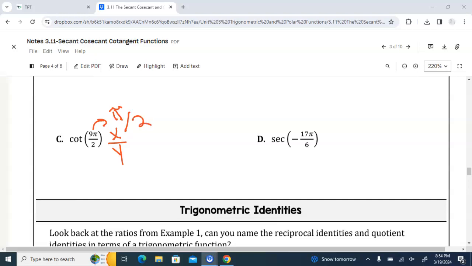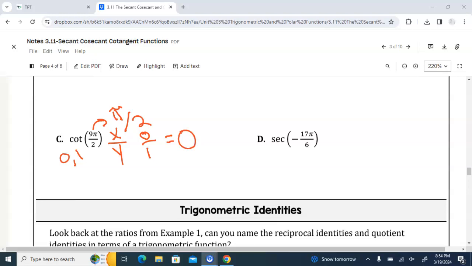All right, so that's pi over 2, and at pi over 2 I have the point 0, 1. Now my x coordinate is 0, my y is 1, so cotangent of it is 0 over 1, which equals 0.